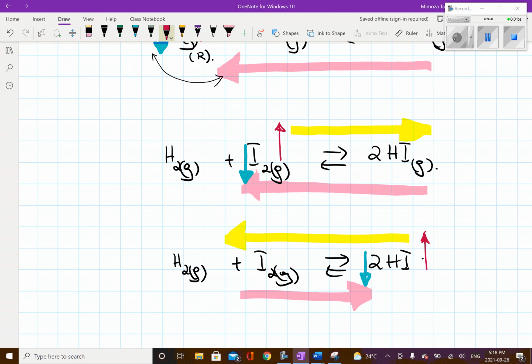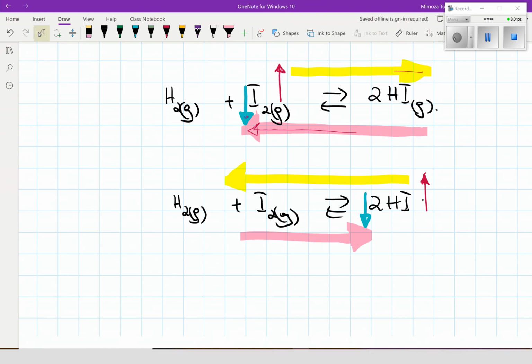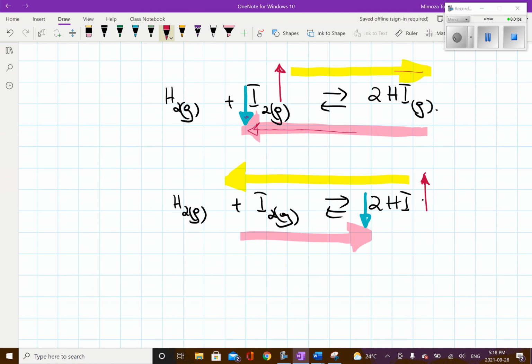When you increase the concentration of iodine, the equilibrium is shifted to the right. And when you decrease the concentration of iodine, the equilibrium is shifted to the left. And here, when we increase the concentration of HI, the equilibrium is shifted to the left. And when we decrease the concentration of HI, the equilibrium is shifted to the left. I hope that this makes sense, and we'll do more examples like this in class as well.